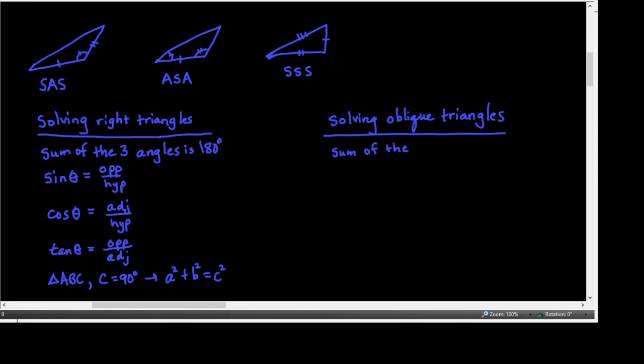The only thing I'm going to be able to pull over from there is that the sum of the three angles is still 180 degrees. Oh, and by the way, since we're solving triangles, in this part of the chapter all of our angles will be measured in degrees, not radians. Okay, that's it, because the trig relationships and the Pythagorean theorem only apply to right triangles.